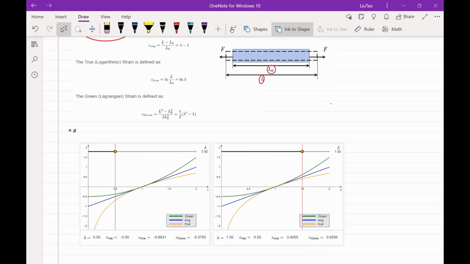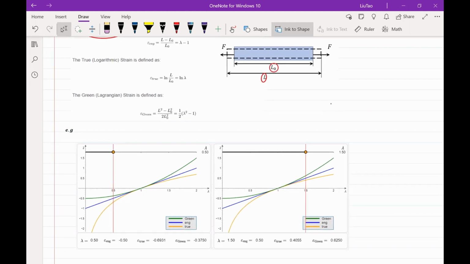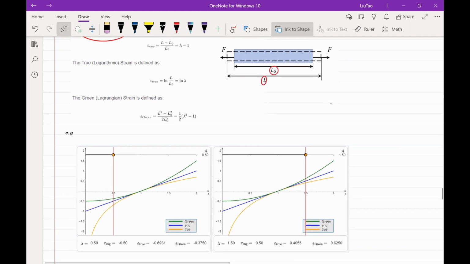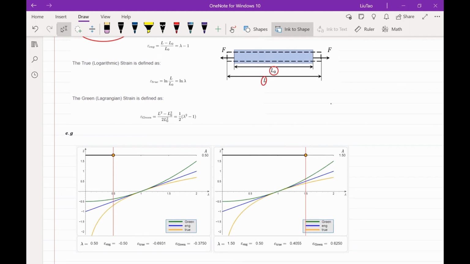And Green strain is defined as L squared minus L0 squared divided by 2 times L0 squared. So it's equal to 1 over 2 times lambda squared minus 1. So these strains have different applications.